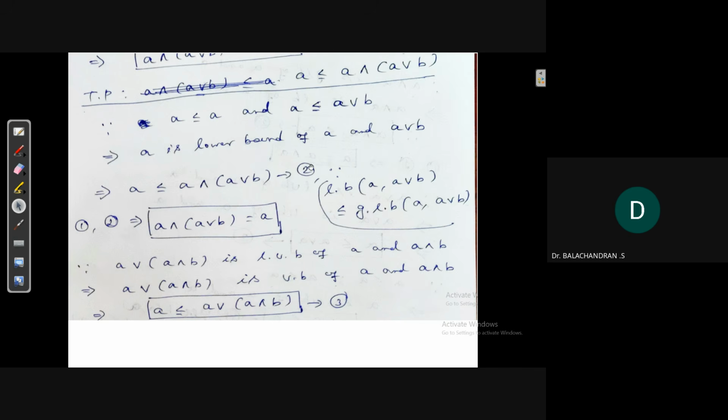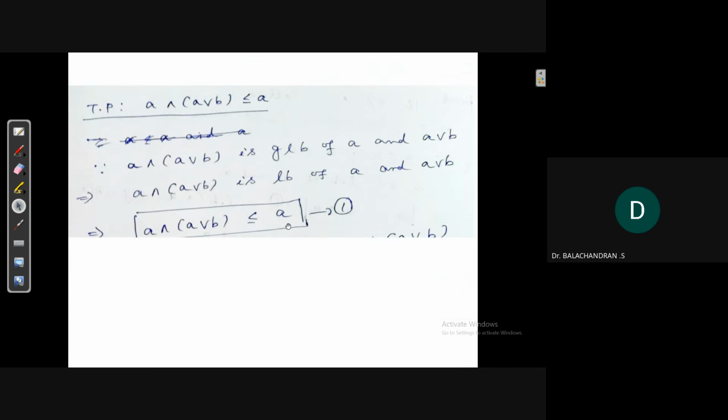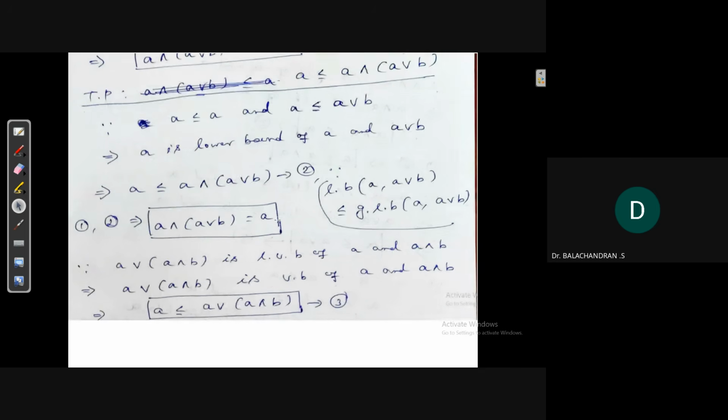This is equation number 2. Now from 1 and 2, A and (A or B) equals A. So we proved the first absorption law.